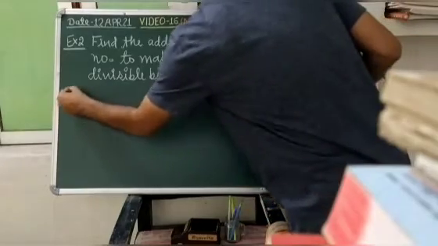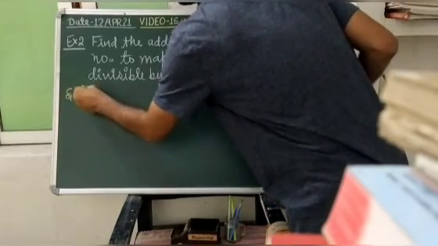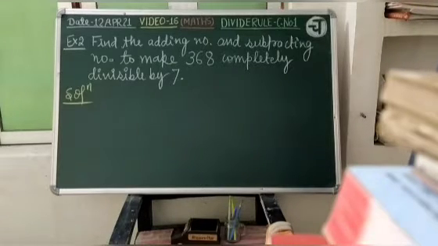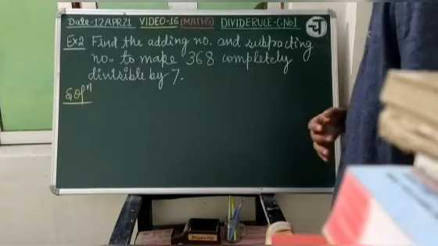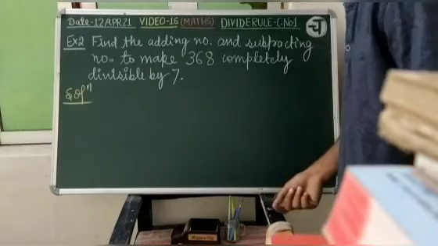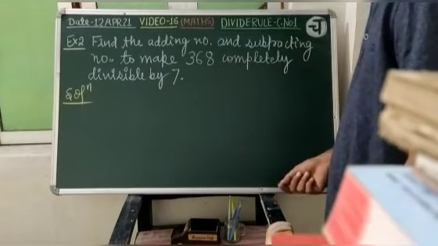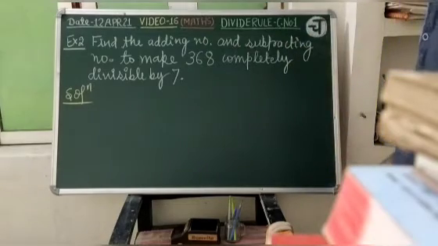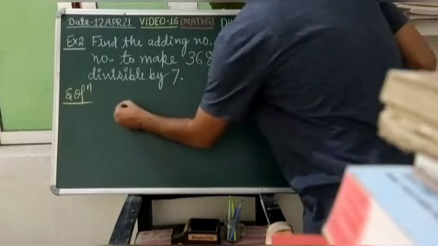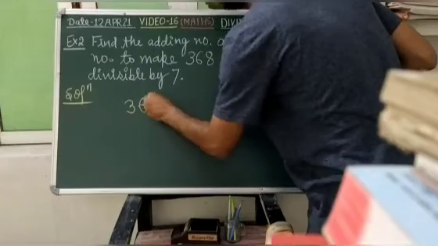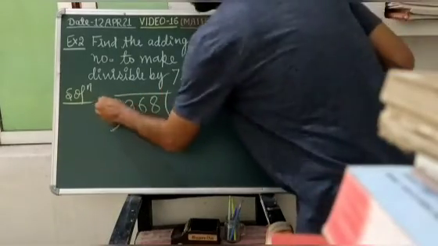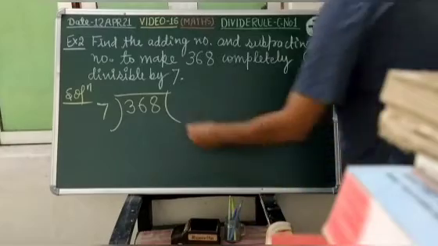So what should we do in our solution? First, we should know what our divisor is and what our remainder is. Only then can we find the adding number and subtracting number. So first, choose this number and divide it by 7.